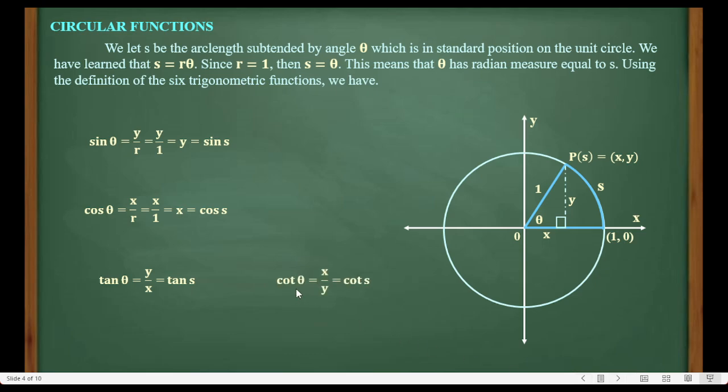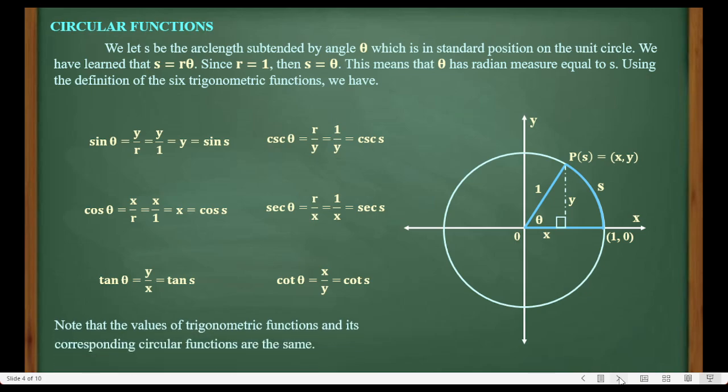Then, for cotangent of theta, that is the reciprocal of tangent theta, so that is x over y, or cotangent of s. Then, secant theta is equal to r over x, or that is 1 over x since r is 1, or that is your secant of s. And finally, we have the cosecant of theta, that is equal to r over y, or that is 1 over y, which is your cosecant of s. Now, note that the values of trigonometric functions and its corresponding circular functions are the same.